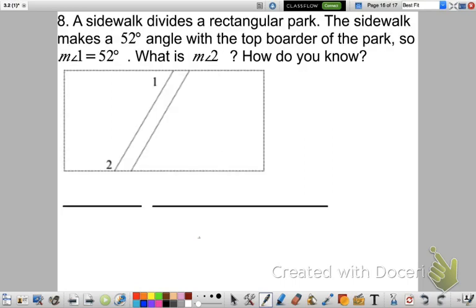And the last example for today. We have a sidewalk that goes through our park. And we have that the measure of angle 1 is 52 degrees. And we're asked to find the measure of angle 2. Since our park is perfectly a rectangle, that means that these two lines are parallel.